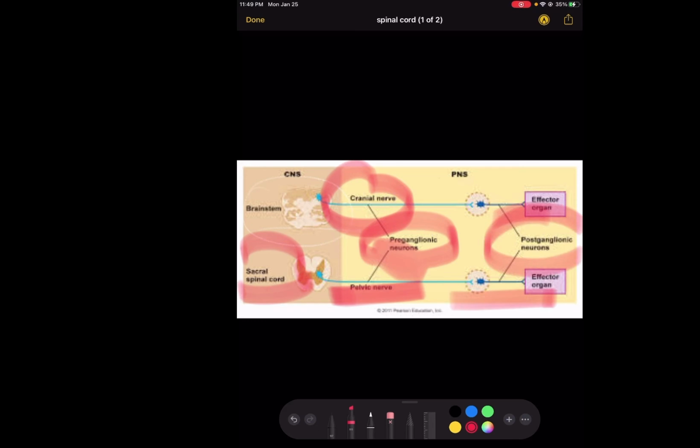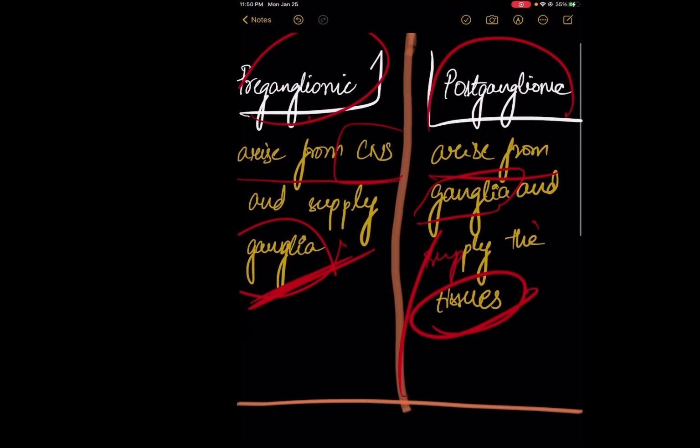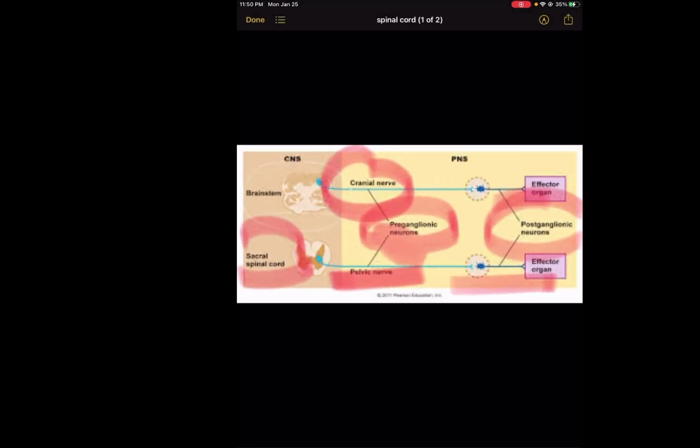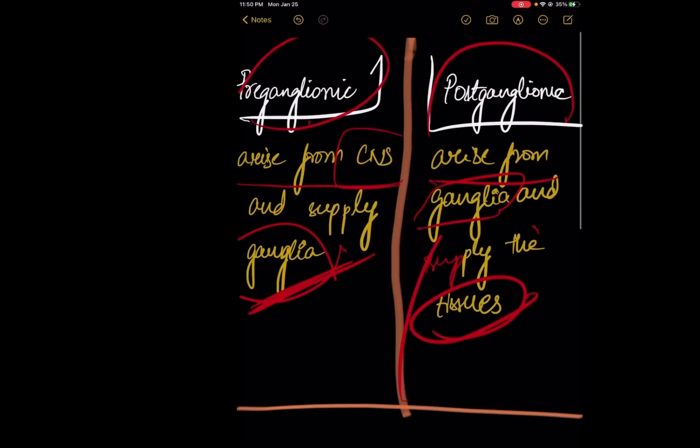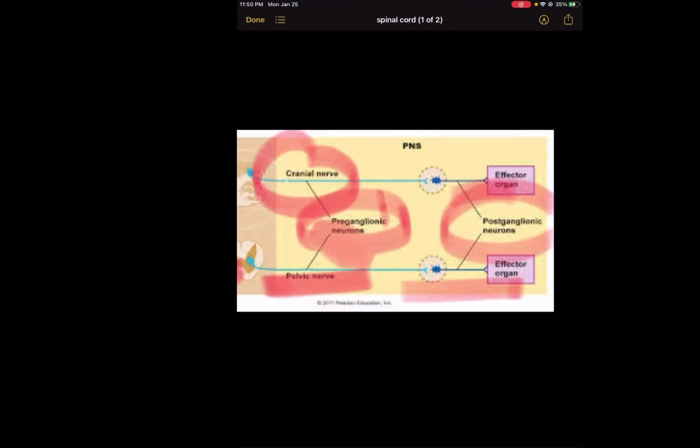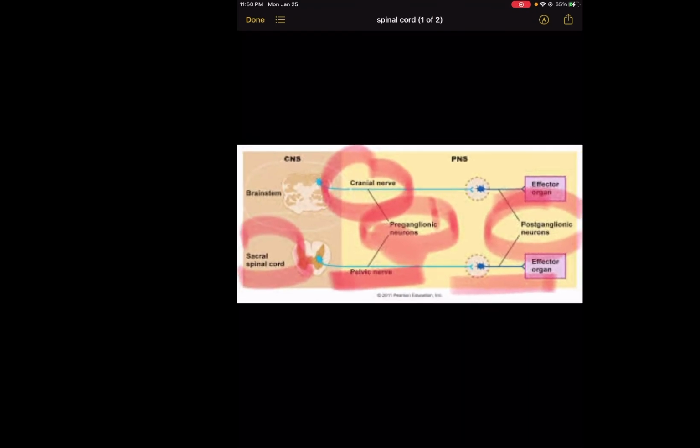So from here to here, as I have said, they arise from the CNS and supply ganglia, that is preganglionic, and the one which arises from ganglia and supplies the tissues is postganglionic. You can see it very clearly here.